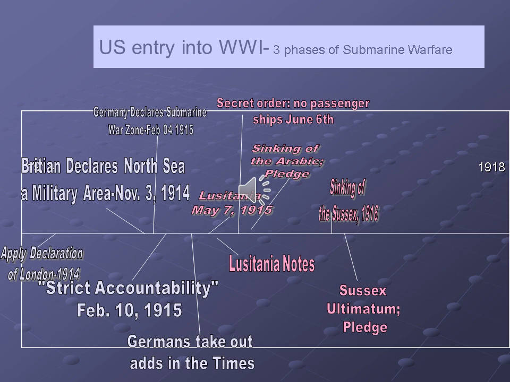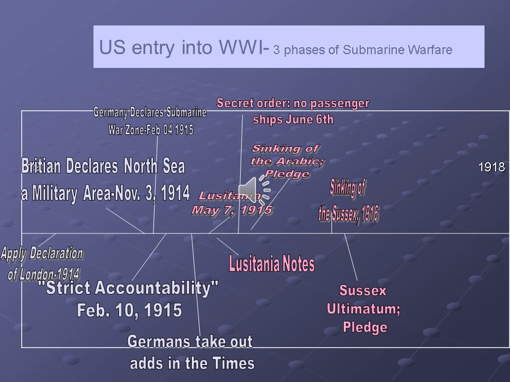All right, so now we have the second phase of submarine warfare. The Germans, in late April, early May, took out ads in the New York Times saying, here's the situation: the Lusitania, and any other ship that goes into the war zone, is going into a war zone.